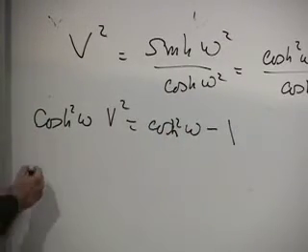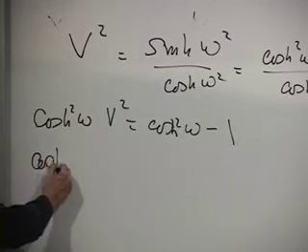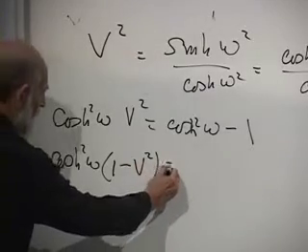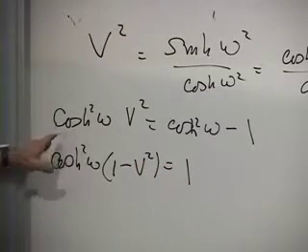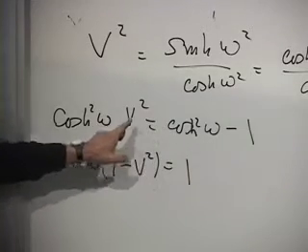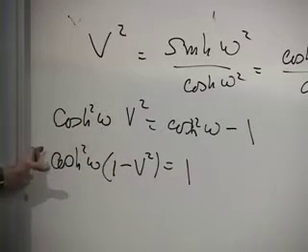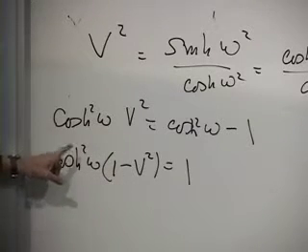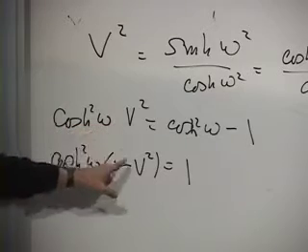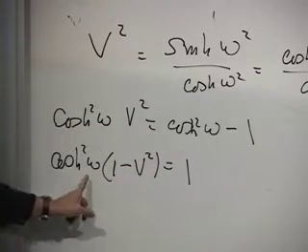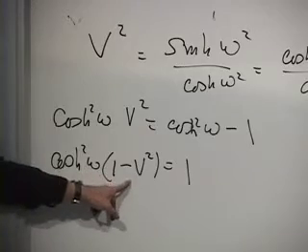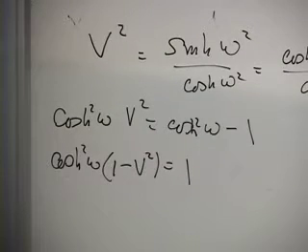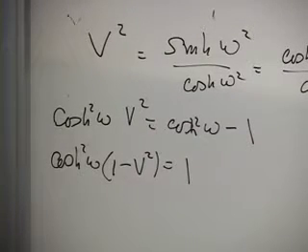Or it looks to me like this is cosh squared omega times 1 minus v squared equals 1. What I've done is transpose cosh squared times v squared minus cosh squared itself. That gives you cosh squared 1 minus v squared equals 1. Change the sign. Can everybody see that the second line follows from the first?